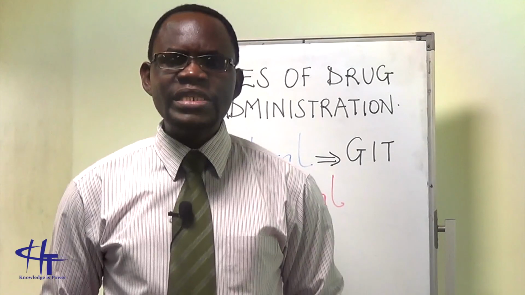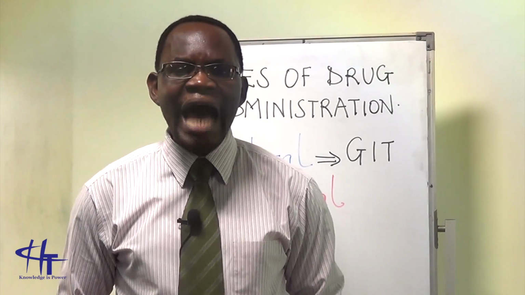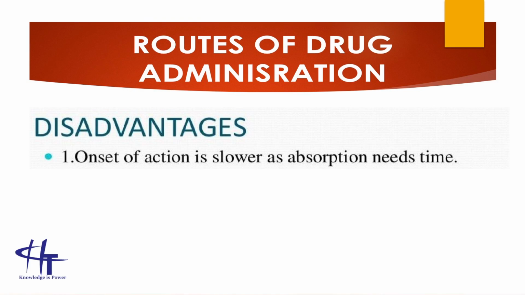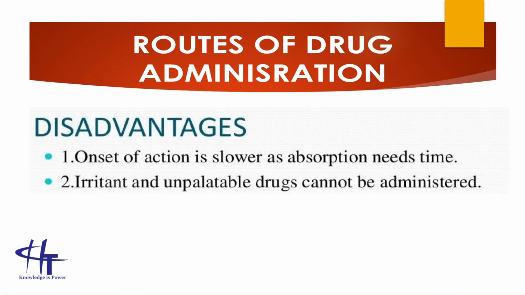However, as we said, anything good has a bad side as well. As a disadvantage, the onset of action is usually slower. Why? Because there is time required for absorption to take place. Now, there are some drugs that are actually irritant and unpalatable, and therefore they cannot be administered.